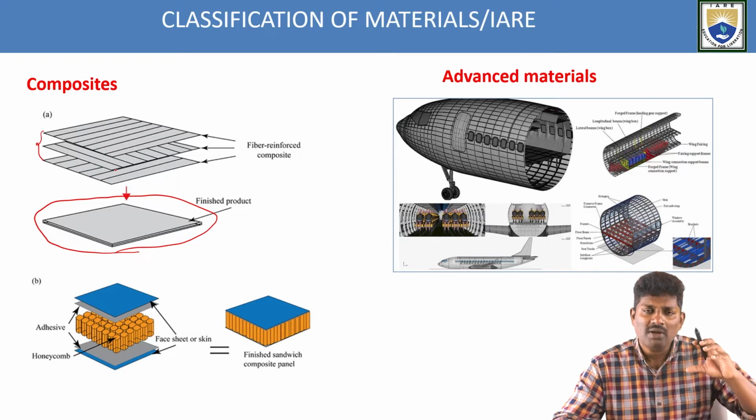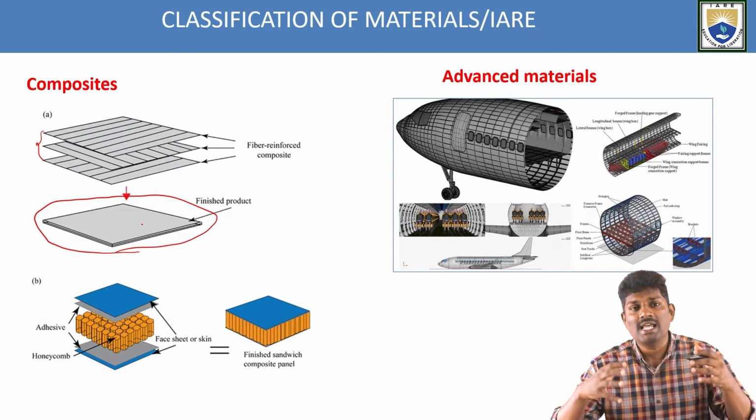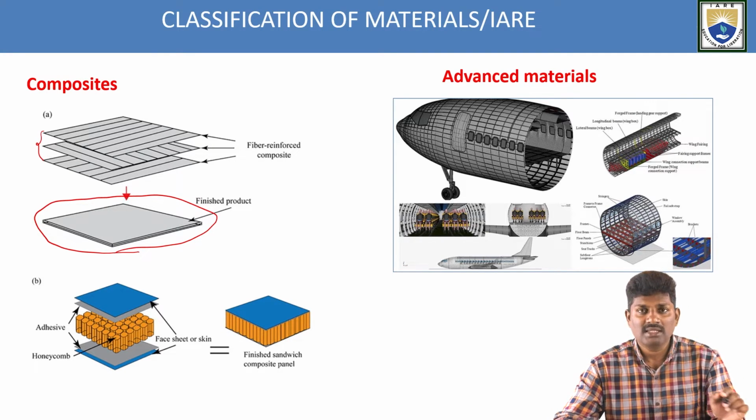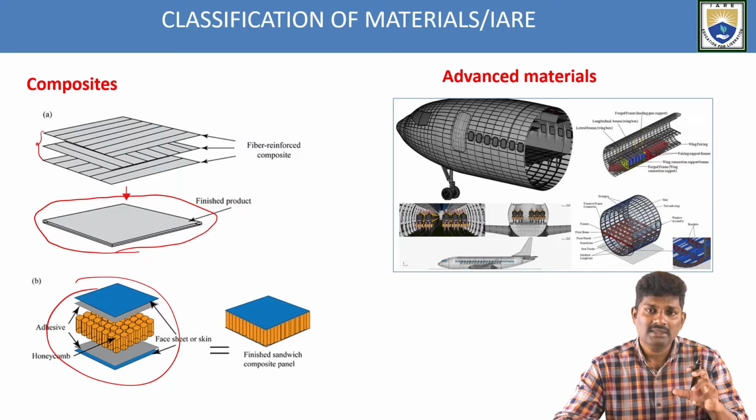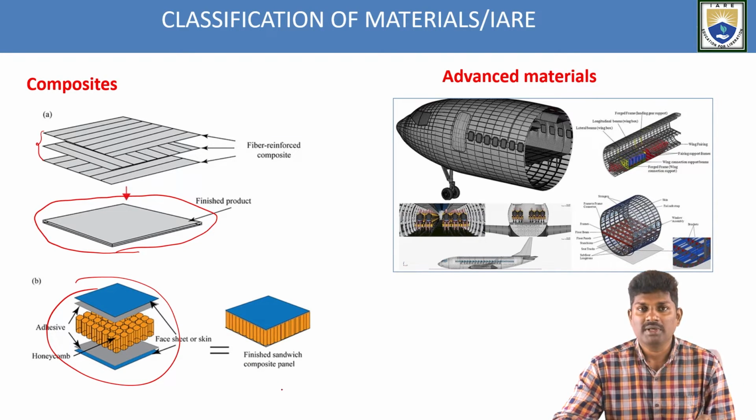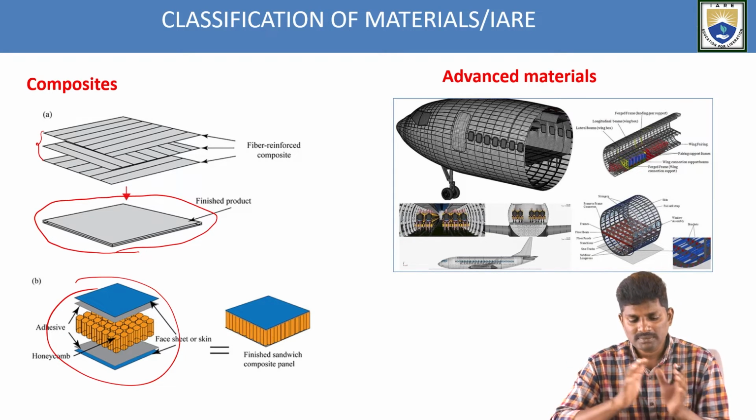If you combine them together, you get an enhancement in the combined properties rather than the individual ones. Using some adhesive, we bind these components to look like a single one, and this is the finished component. This is how a composite material is developed.